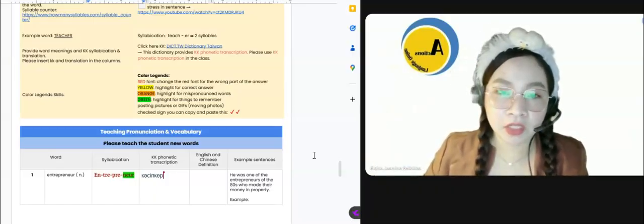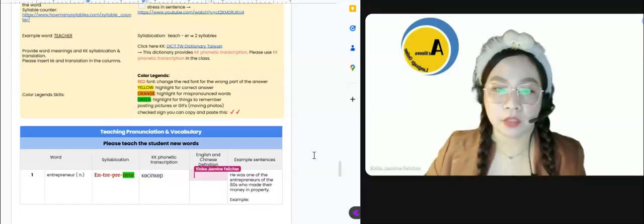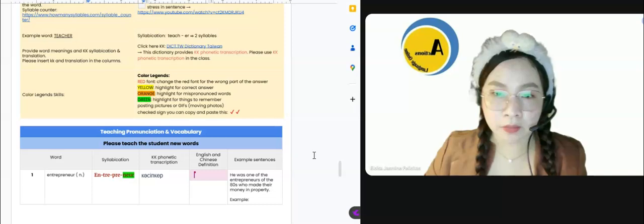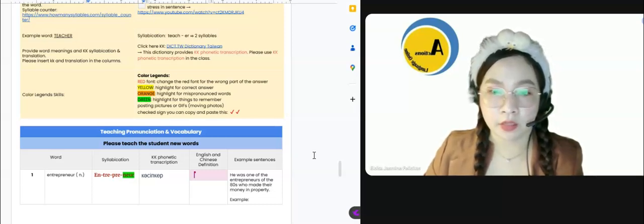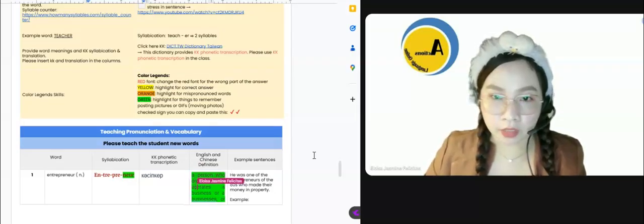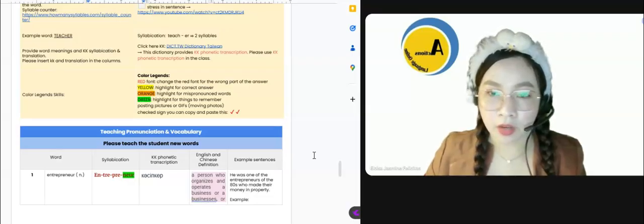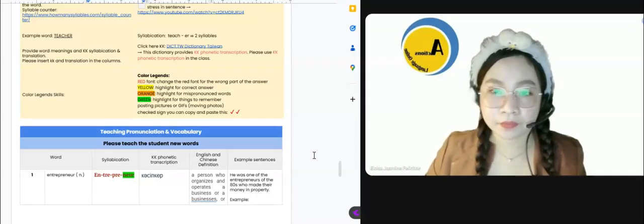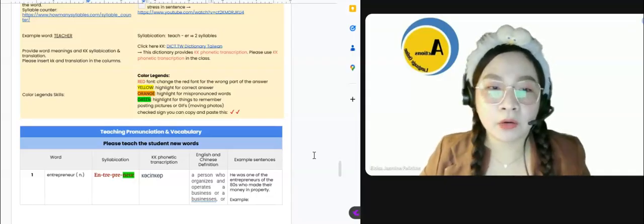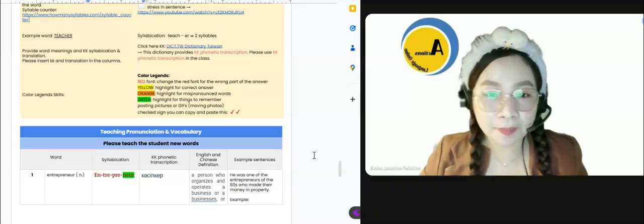Let me type down the definition here. All right, there you have it. Let me remove this highlighted word.